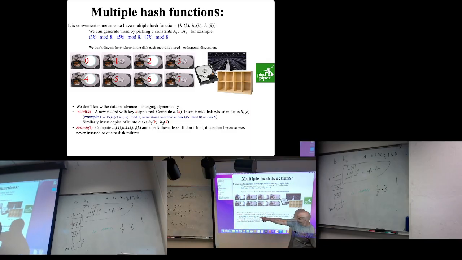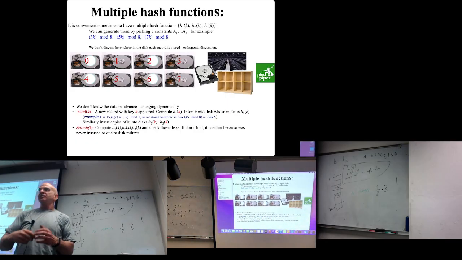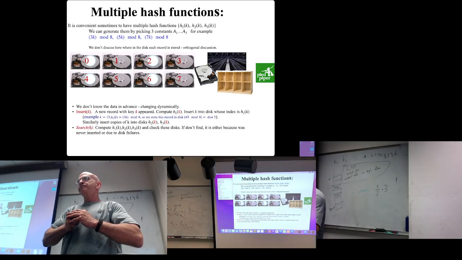For example, a very simple example: I'll take h1 of k to be 3 times k, modulo 8. Always modulo. Why? Because we need a number between 0 and 7. And h2 of k will be 5 times k, and h3 of k will be some other constant times k. 3 hash functions.